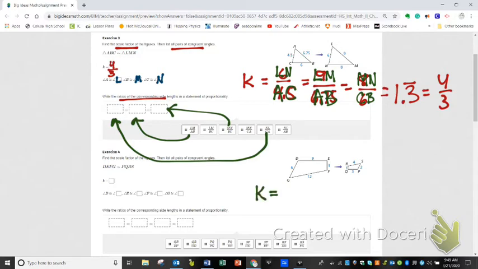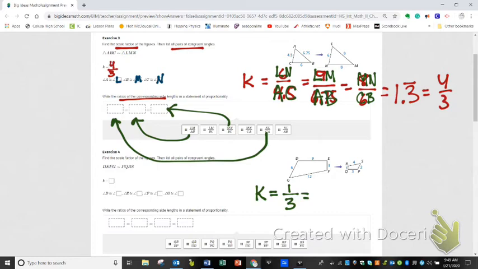But here's a really easy way to tell. If we look at RSPQ and we find the shortest side is 1. We know that the shortest side of that quadrilateral has to correspond to the shortest side of the larger quadrilateral. So out of 3, 6, 9, and 12, the shortest side is 3. So we've put the shortest side of the small quadrilateral over the shortest side of the big quadrilateral.